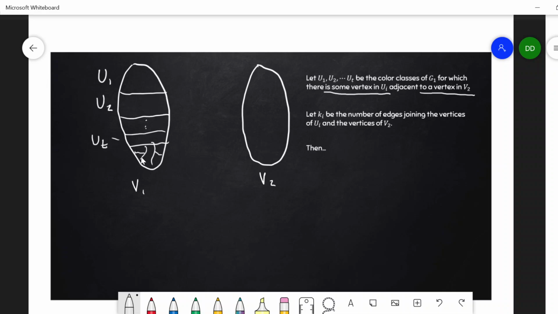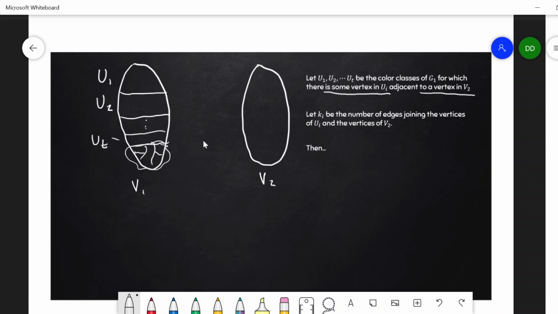So there are some other color classes of this k minus 1 coloring of G1 that don't have vertices adjacent to vertices in V2. And so I know I will never have this situation where I have a vertex here adjacent to a vertex here of the same color. That's not going to happen with these, so I just look at the sets where this can happen.